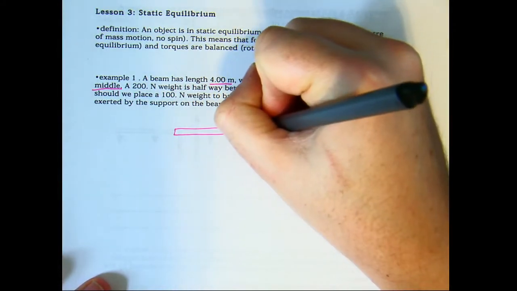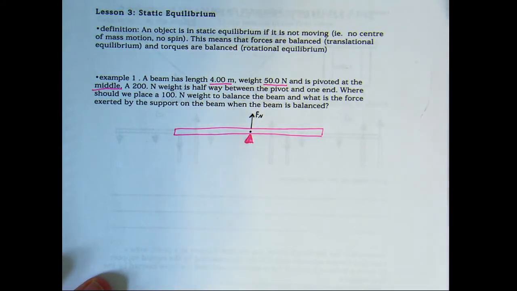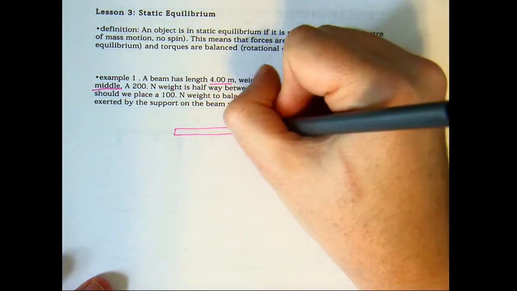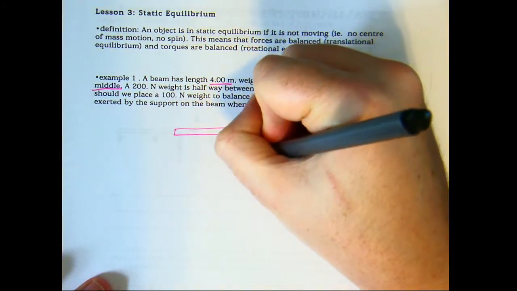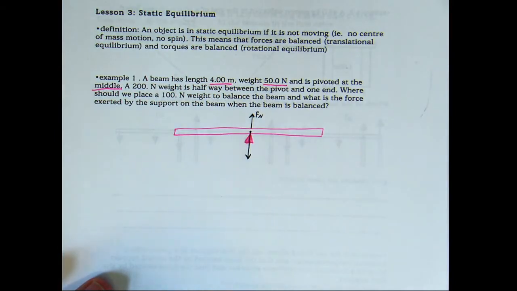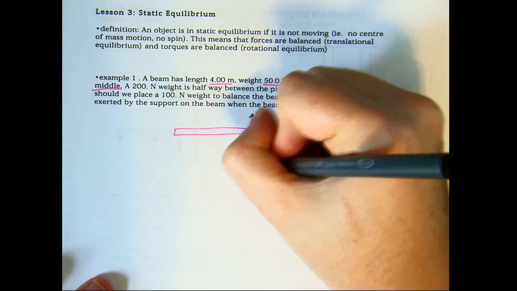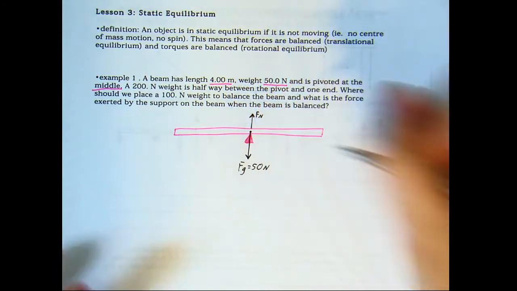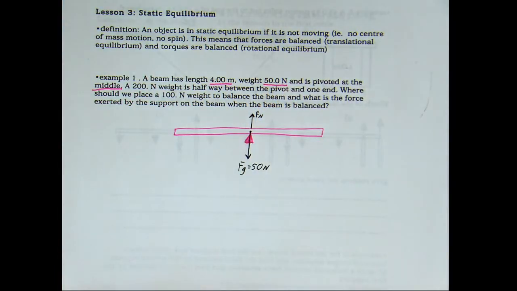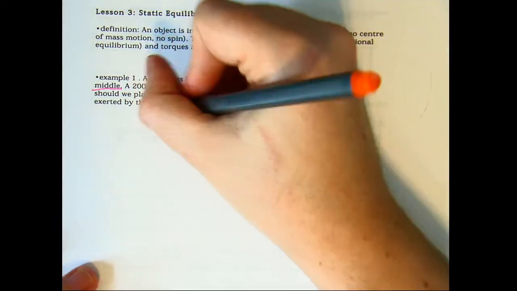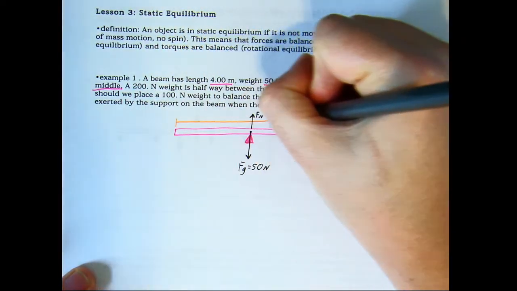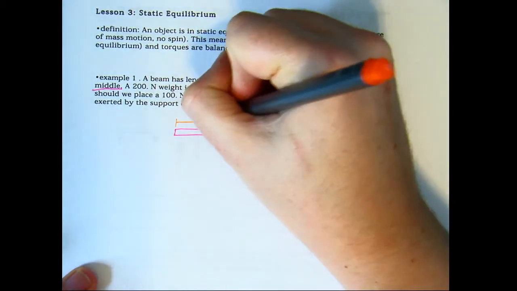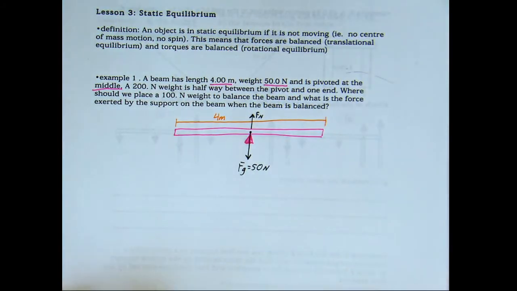We're going to assume, they haven't told us, that the beam is uniform because they haven't told us otherwise. So that means the force of gravity acts at the middle. The weight is 50 newtons, so that is the force of gravity. And we know this whole beam is 4 meters long. Cool, so that's what we know so far.